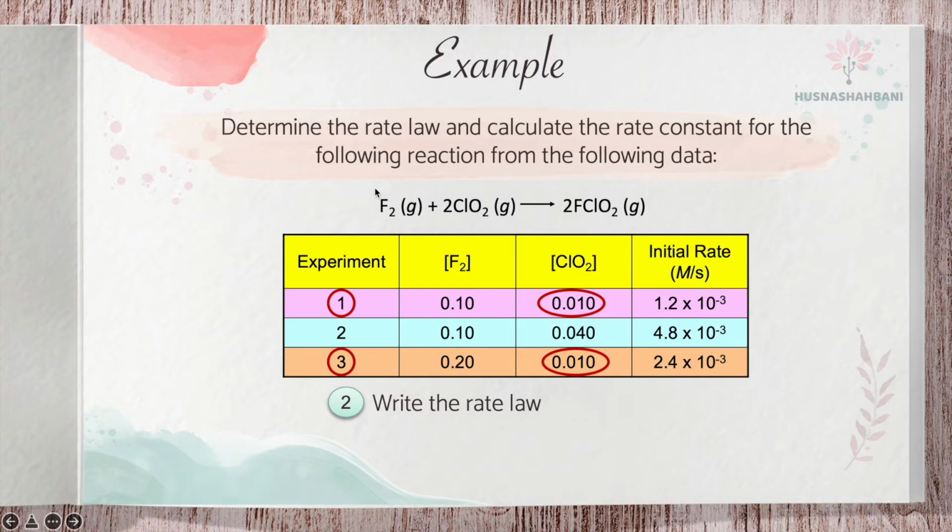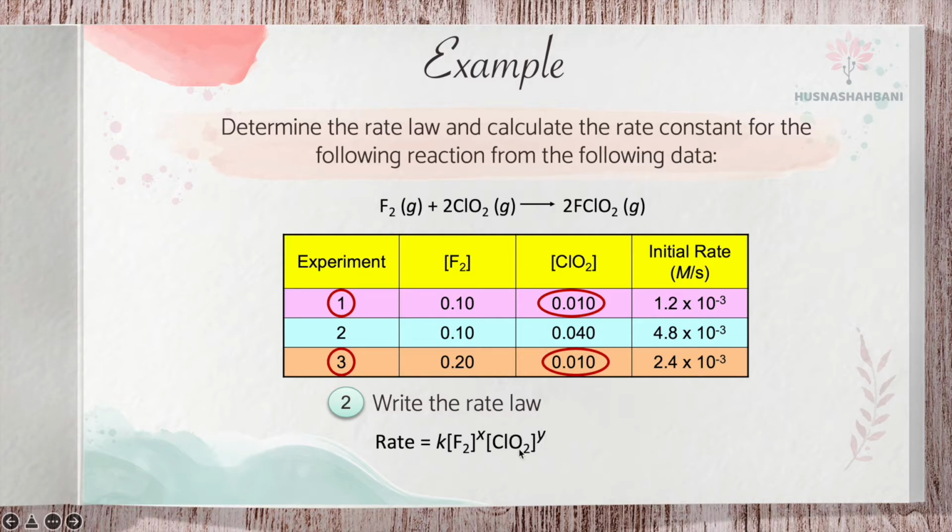Note that in the rate law there is no product, only the reactant. So rate equal to k[F2], this is a reactant, to the power of x. This power is the order of reaction. We don't know the order of reaction, so that's why x, and then [ClO2] to the power of y, the order of reaction for ClO2.